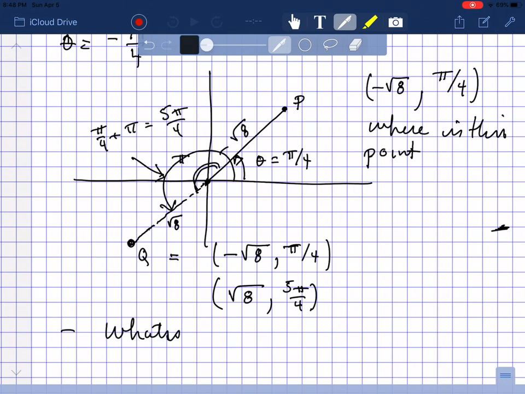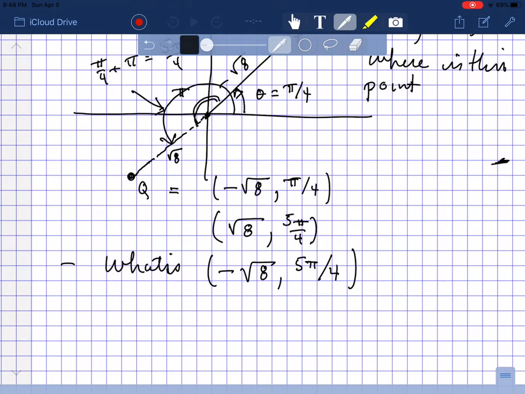So, with this in mind, what is minus the square root of 8, comma, 5 pi divided by 4? So what point is represented by this polar coordinate representation? Well, we know that the point Q has the polar coordinates, the square root of 8, comma, 5 pi over 4.